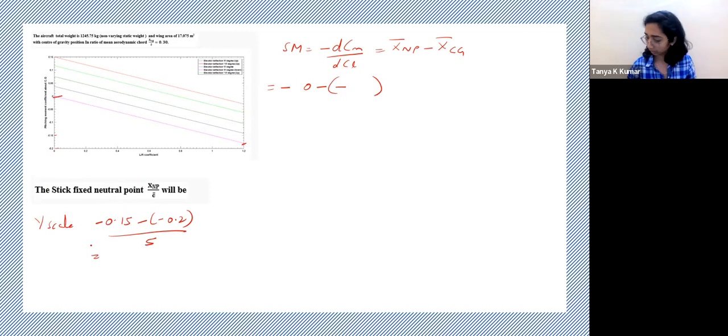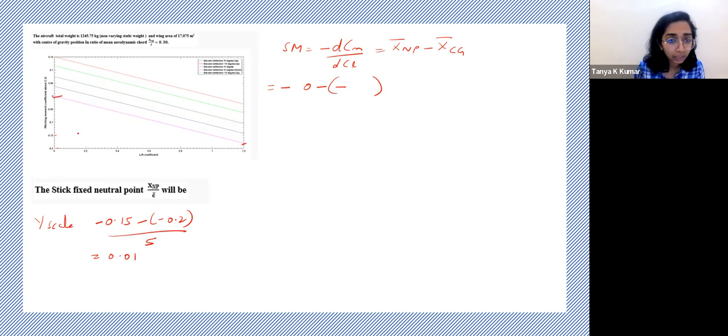That would be 0.01. So each marking corresponds to 0.01 units.